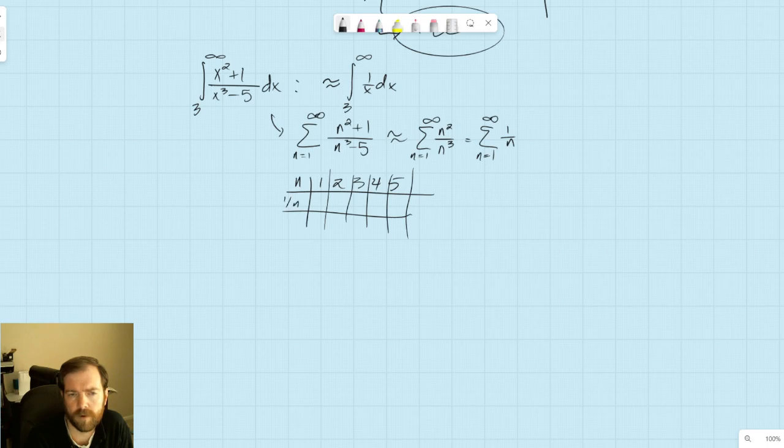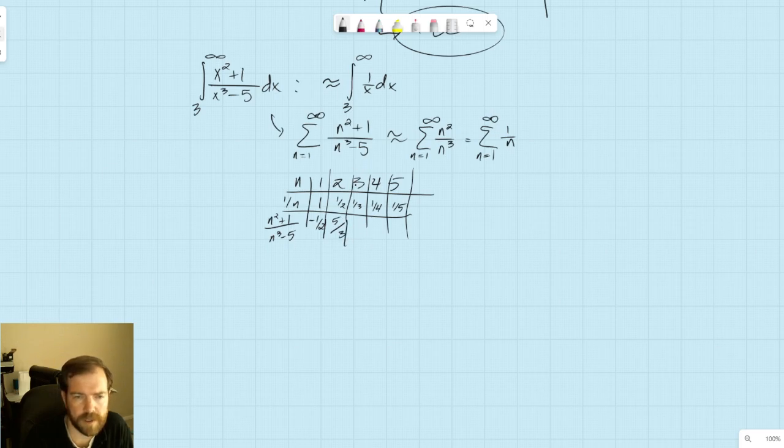Okay, we got 1 over n, which is just going to be 1 half, a third, a fourth, a fifth. And then n squared plus 1 over n cubed minus 5 is going to be 2 over negative 4. That's going to be negative a half. We're going from 3, so it doesn't really matter anyway. But 2 is going to be 8 minus 5 is 3 on the bottom, and 5 on top.